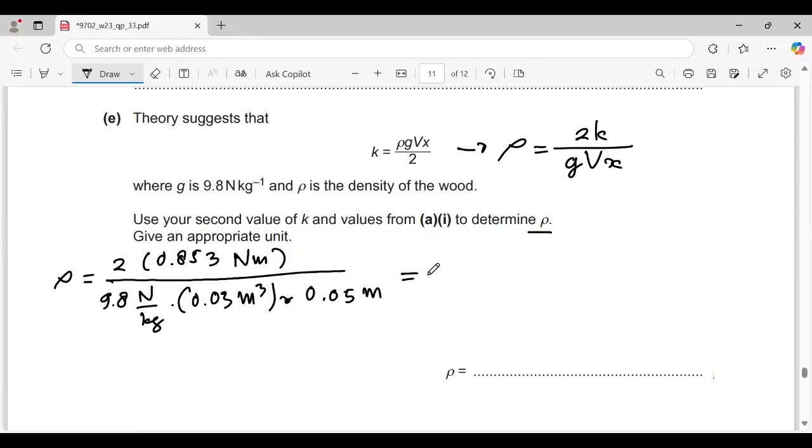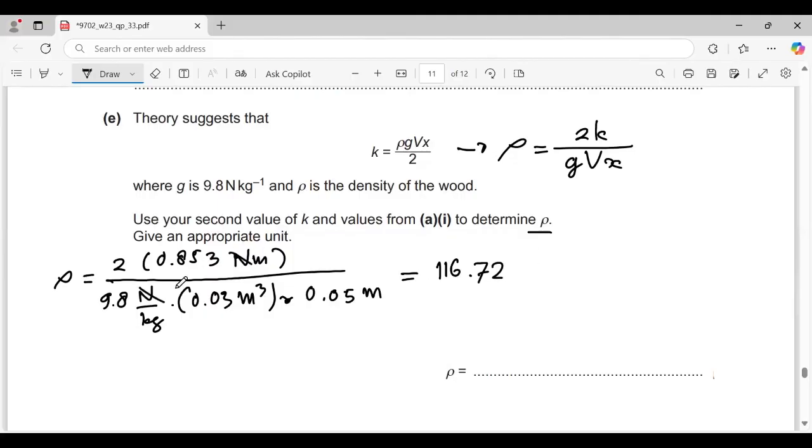If you calculate 2 multiplied by 0.853 over 9.8 multiplied by 0.03 multiplied by 0.05, you find the result is 116.72. How about the unit?